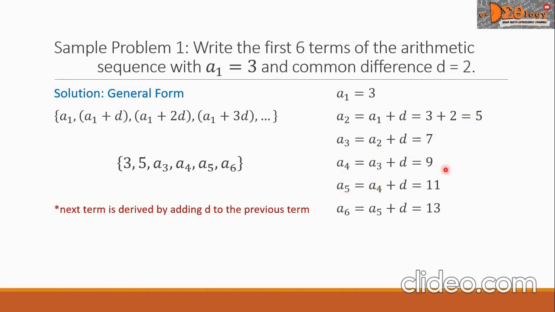A sub 5 is 9 plus 2, which is 11. A sub 6 is 11 plus 2 and equals 13. So these 4 values we will substitute in our sequence here. So the first 6 terms of the arithmetic sequence are 3, 5, 7, 9, 11, and 13. This is our final answer.